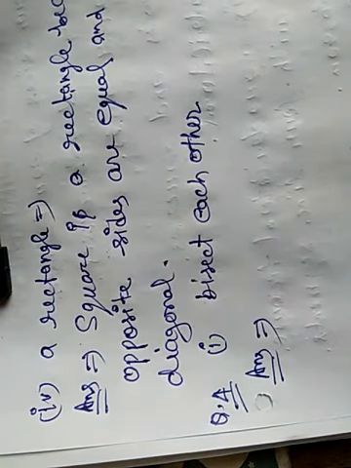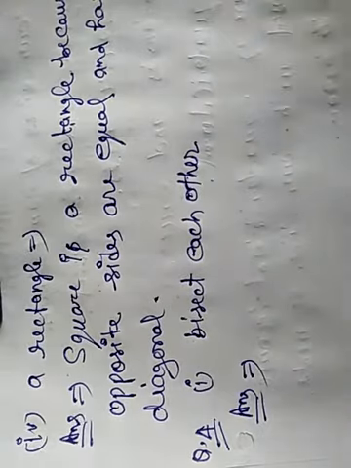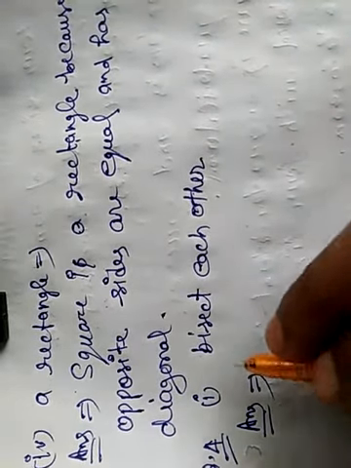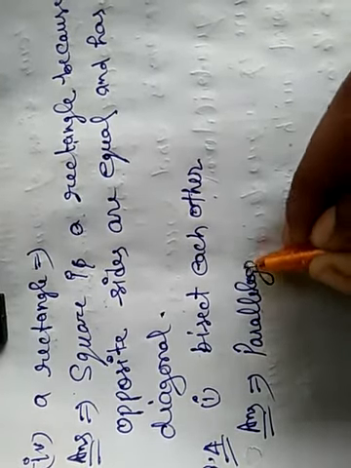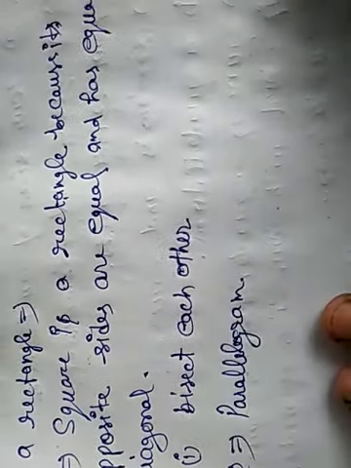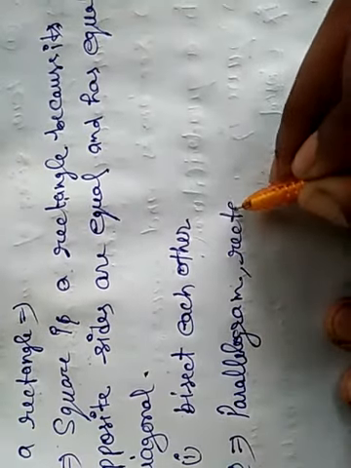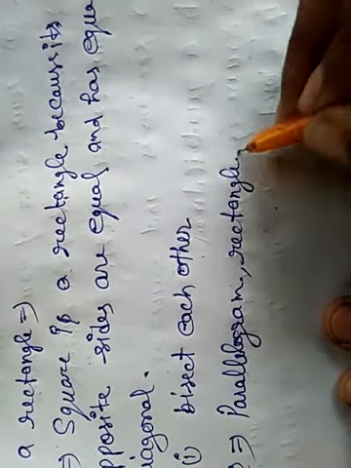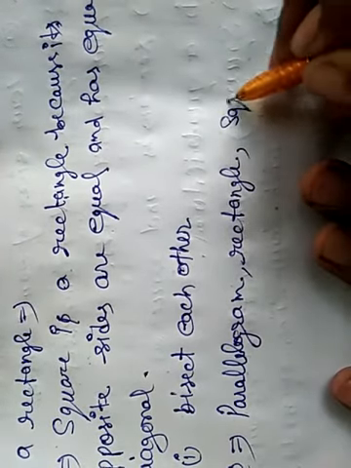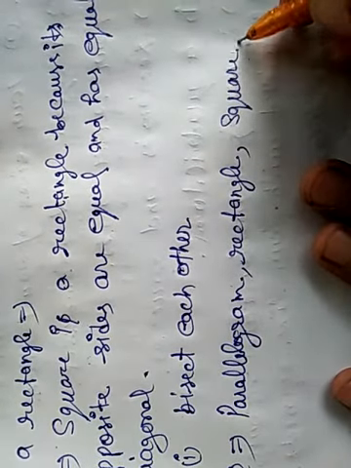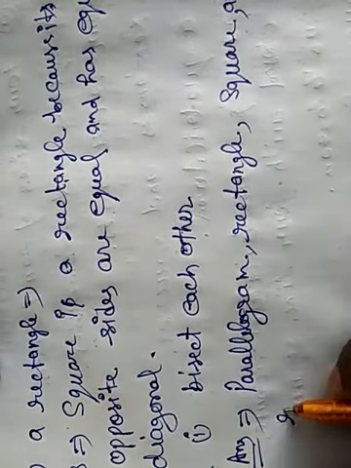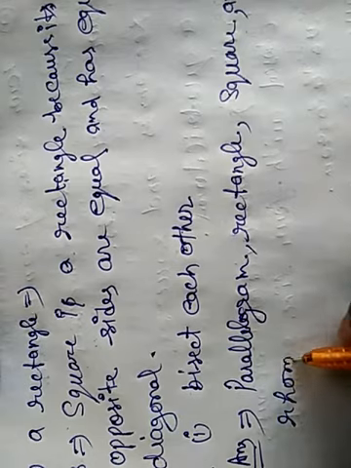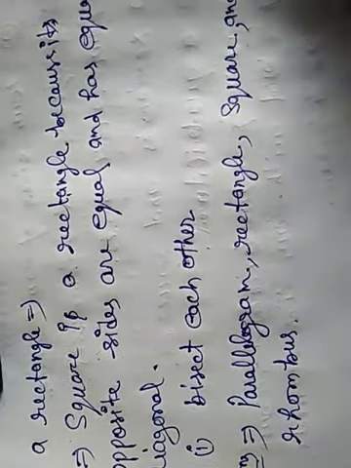So you know very well, in a parallelogram, a rectangle, a square and a rhombus also, diagonals bisect each other. So answer is parallelogram, rectangle, square and rhombus.